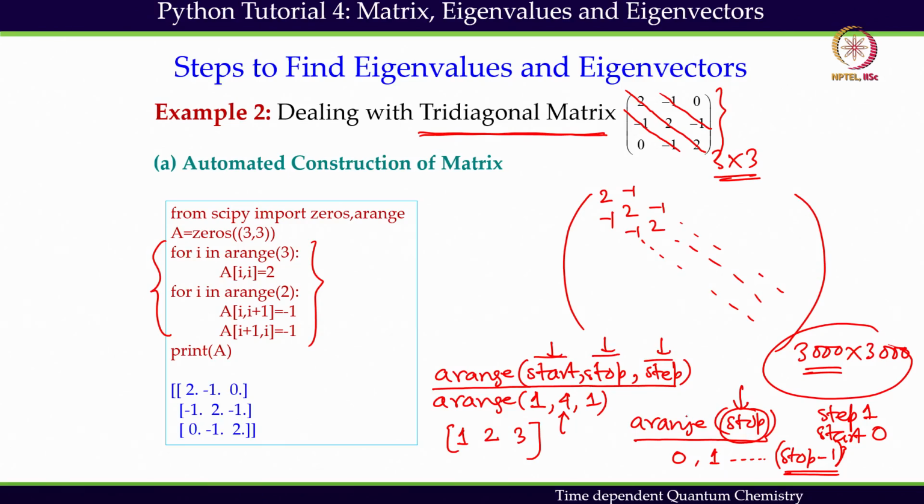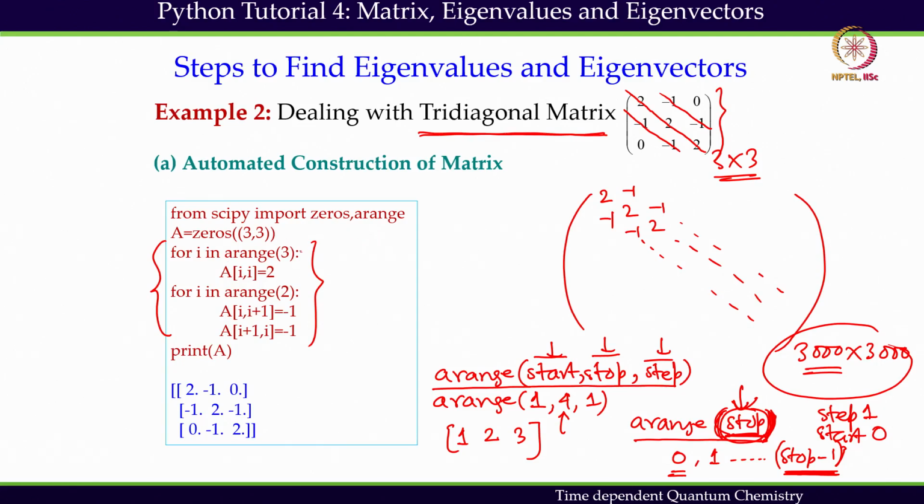But if I use arange with only 1 input, that 1 input would be considered to be the stop input, and by default it will start from 0 and end at stop minus 1, because it always excludes the stop value, and that is exactly what we have done here.